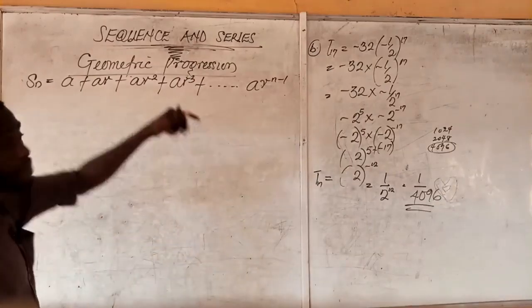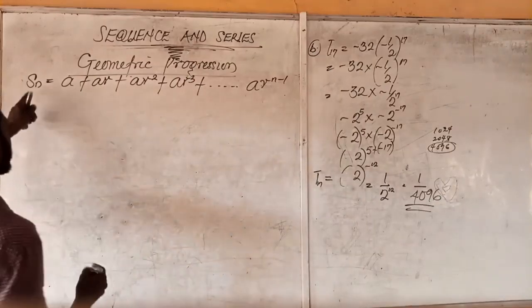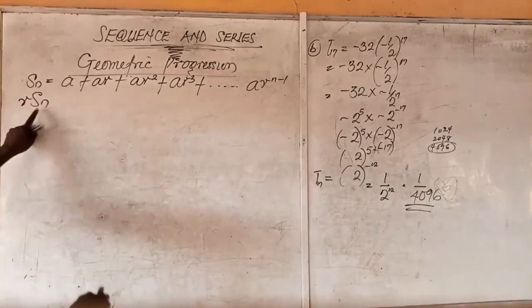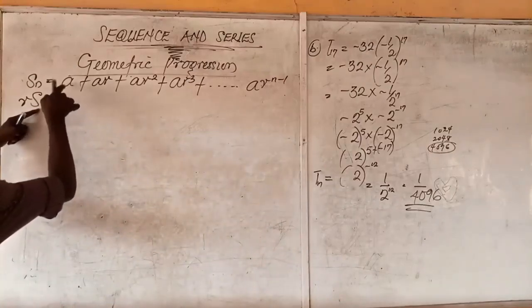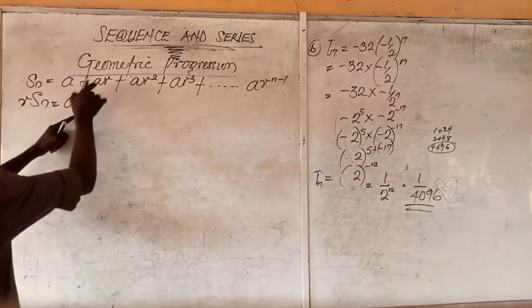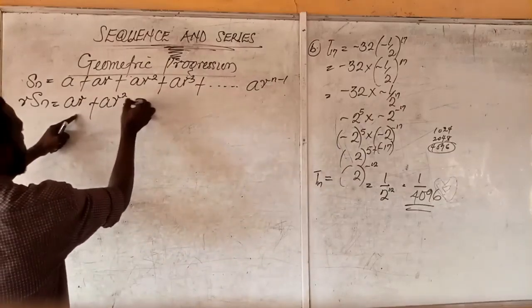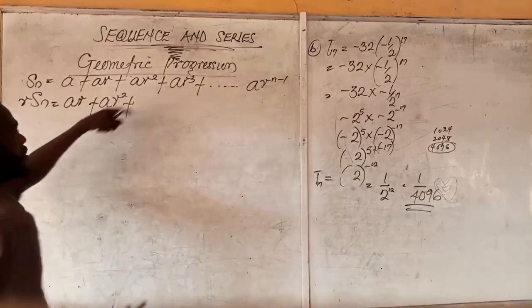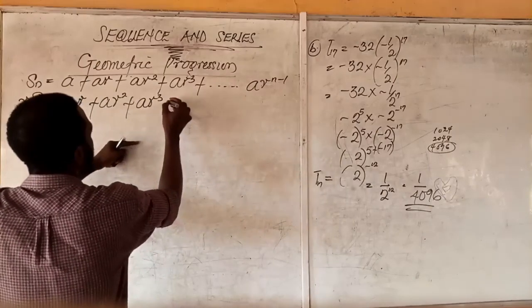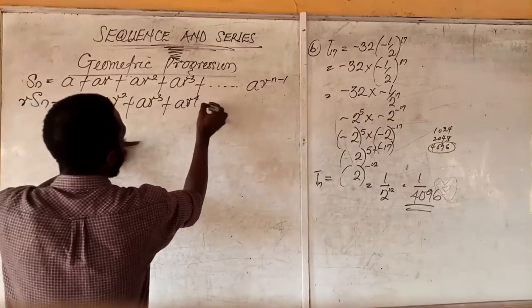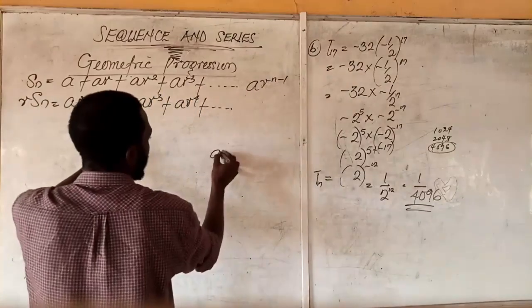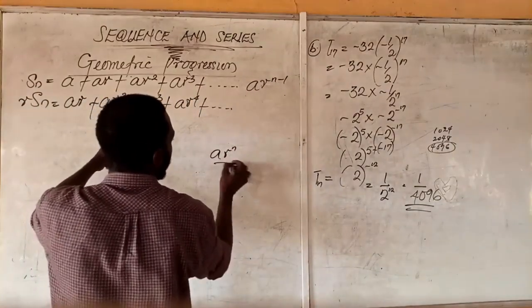If I multiply through by the common ratio, I have R S_n, R times the sum of n terms, equal to AR, plus AR squared, plus AR cubed, plus AR raised to the power 4, plus dot dot dot. Now if I multiply the last term by the common ratio, what does that give me? AR raised to the power n. This thing means over R, isn't it?